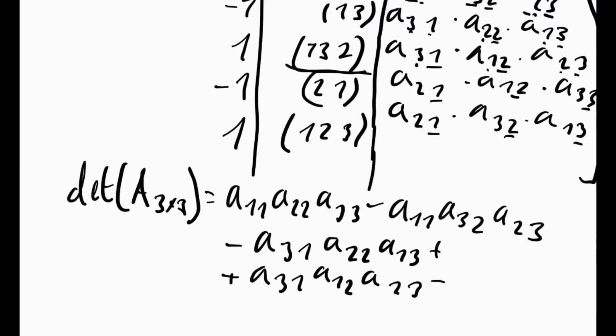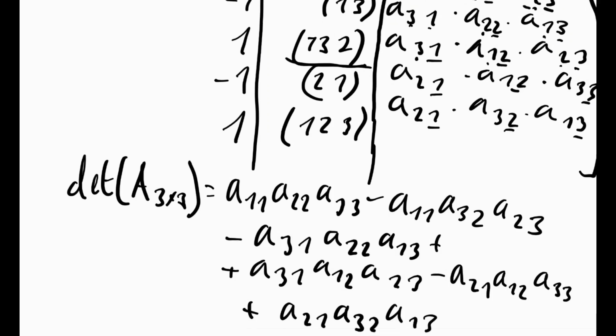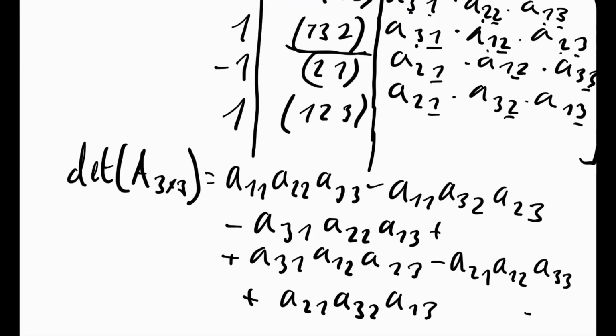Minus is the one before the last one. We have a negative sign there. And the last one we add. All right, so great, that's what we wanted. So this was the example for a 3x3 matrix.